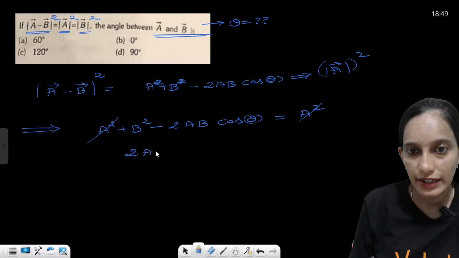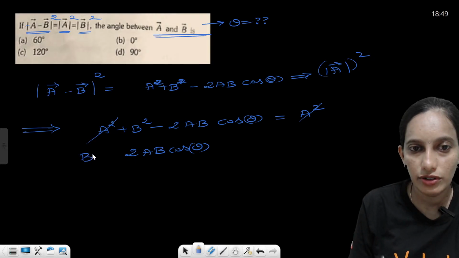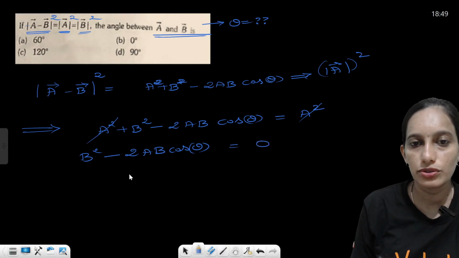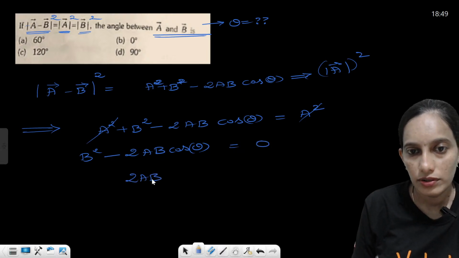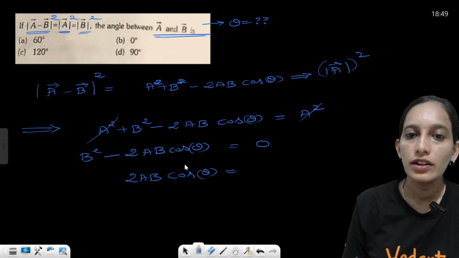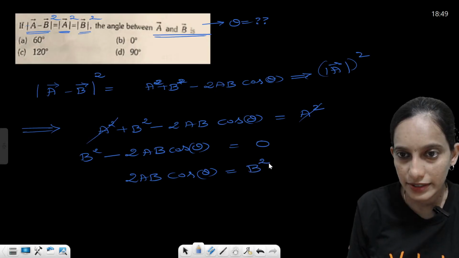Or 2AB cos theta is equals to B square ಆಗುತ್ತೆ.